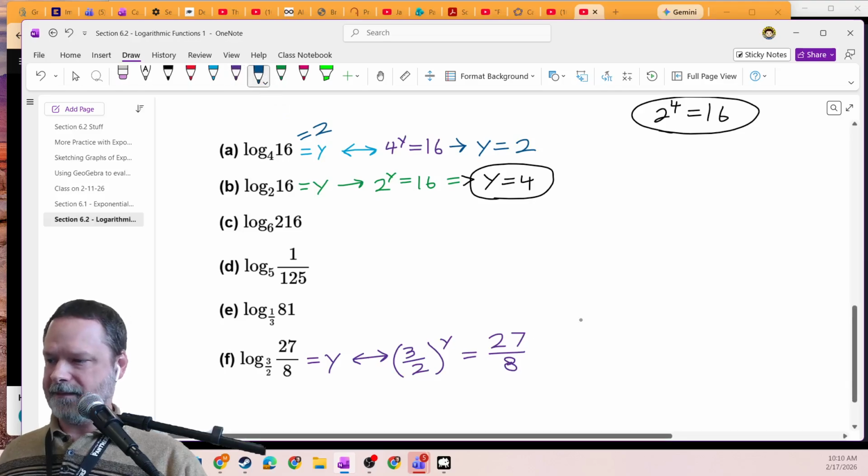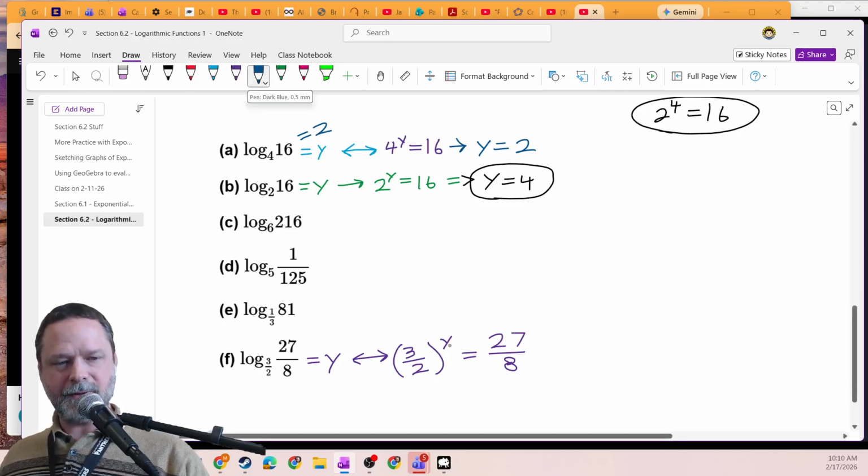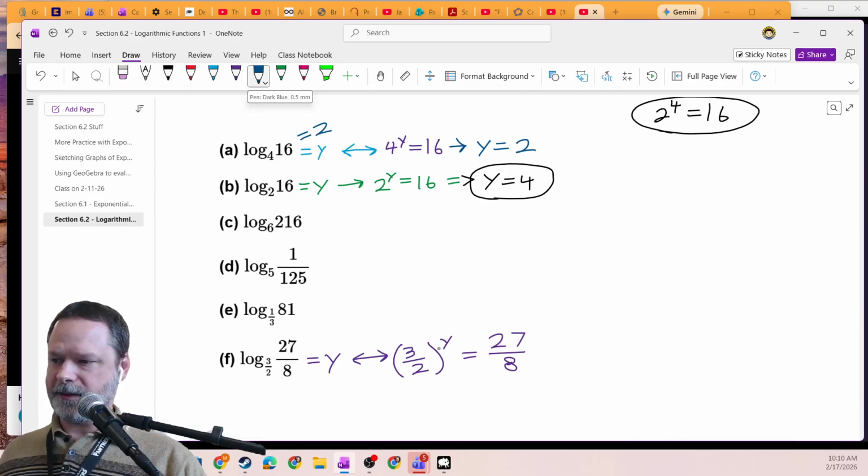Now, it might be obvious to some, but in case it isn't, we can use rules of exponents here. We could say 3 to the y over 2 to the y equals 27 over 8. Or we can just notice this.